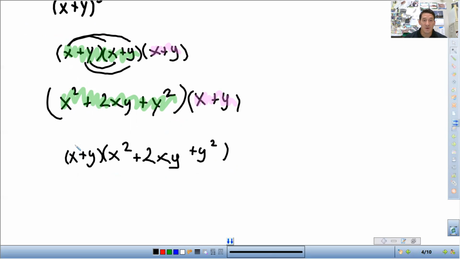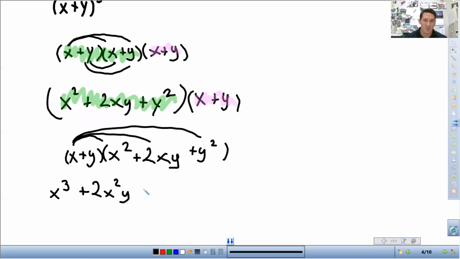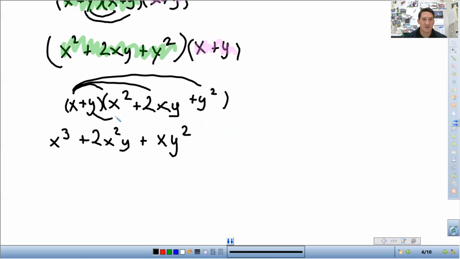So now I'm going to distribute again. So x times x squared is x cubed. x times 2xy, careful with that, that's 2x squared y. And then x times y squared would be xy squared. I give myself a little space, distribute the y, so it's going to be x squared y. Put it right underneath this one.